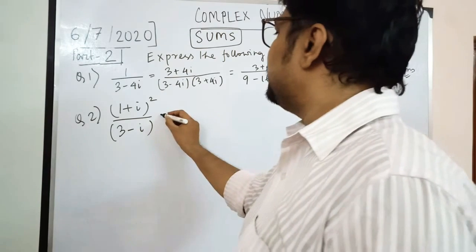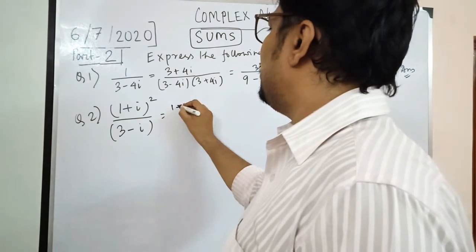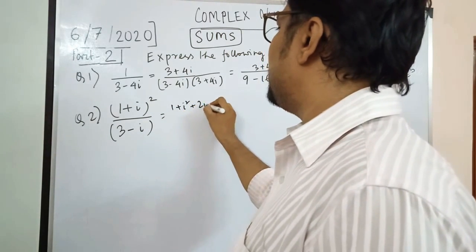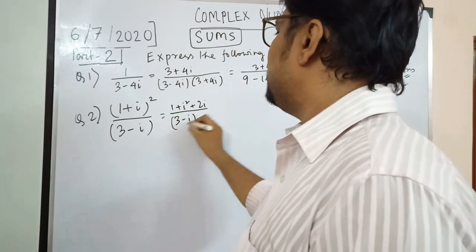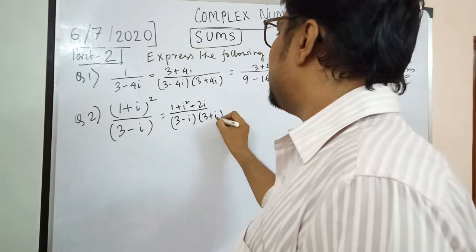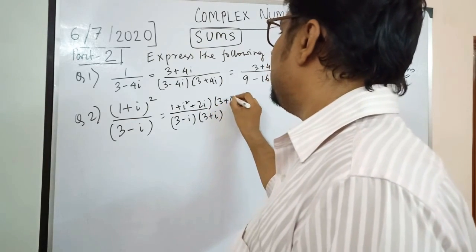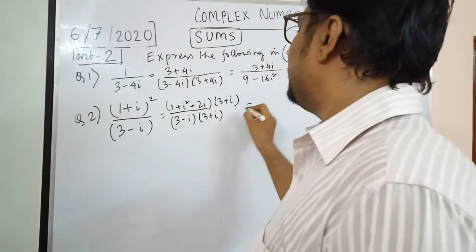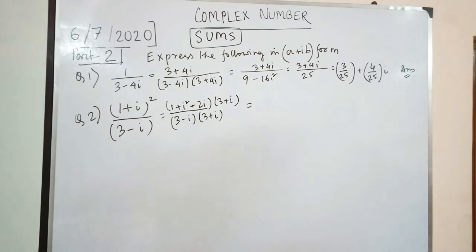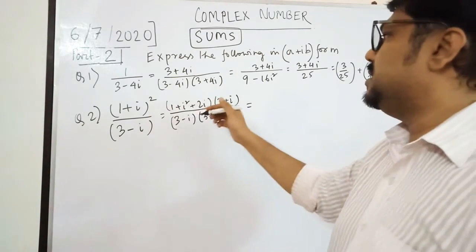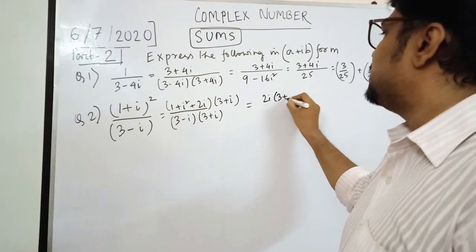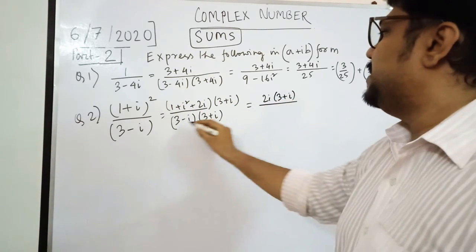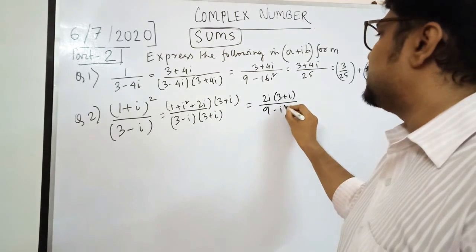Look at the next one. Expand this: 1 plus i square plus 2i, so a square plus b square plus 2ab. Then 3 minus i, so multiply it with 3 plus i, and the numerator also with 3 plus i. Here i square is minus 1, so these two cancel out, so we get 2i into 3 plus i, and below you get 9 minus i square.